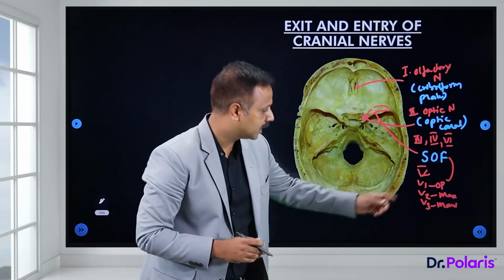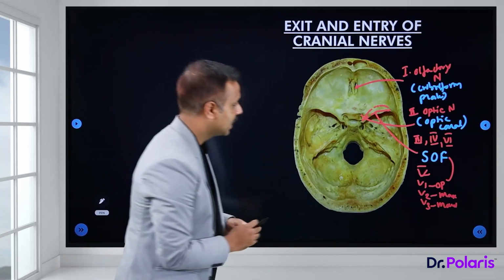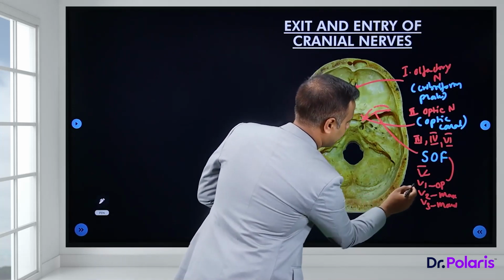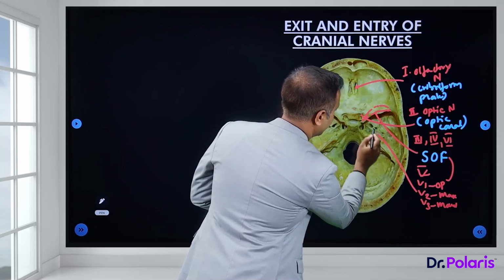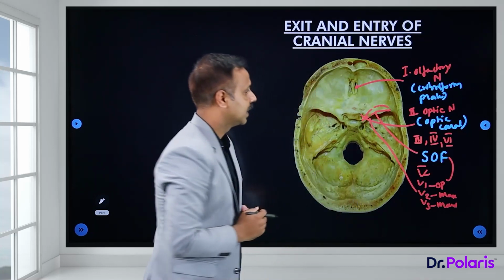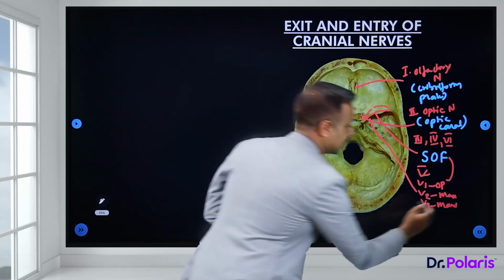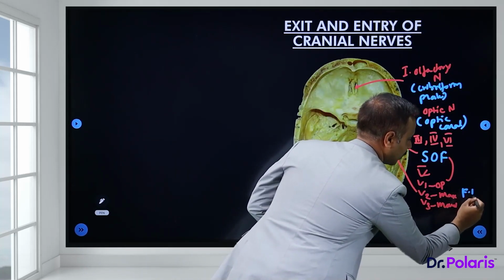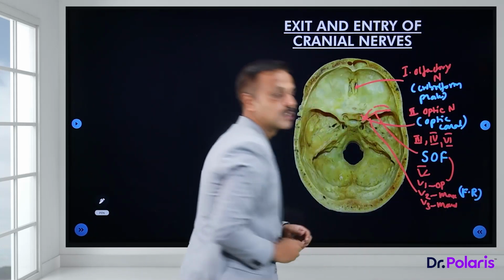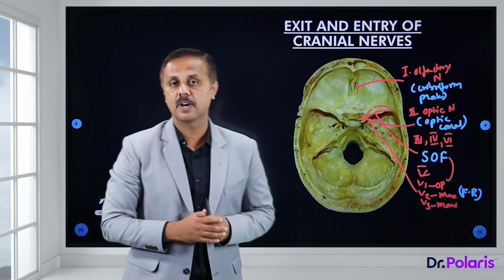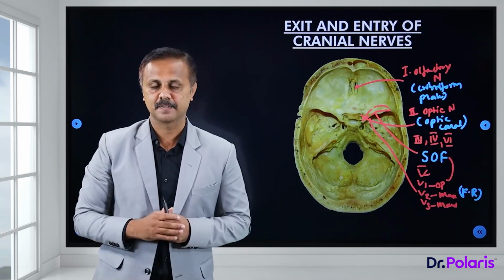Done. What about the maxillary nerve? Remember, the maxillary nerve will pass through a foramen which is present here. Now, can you tell me what is that foramen? Yes, that is the foramen rotundum. So, foramen rotundum will allow for the entry of the maxillary nerve.